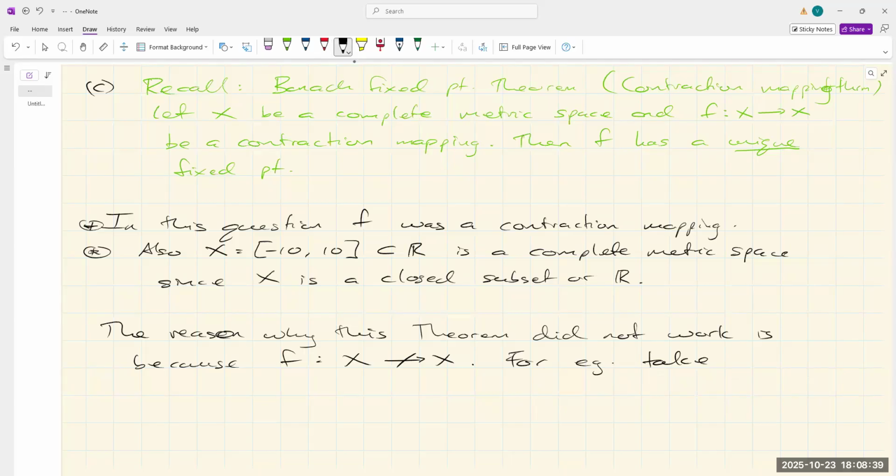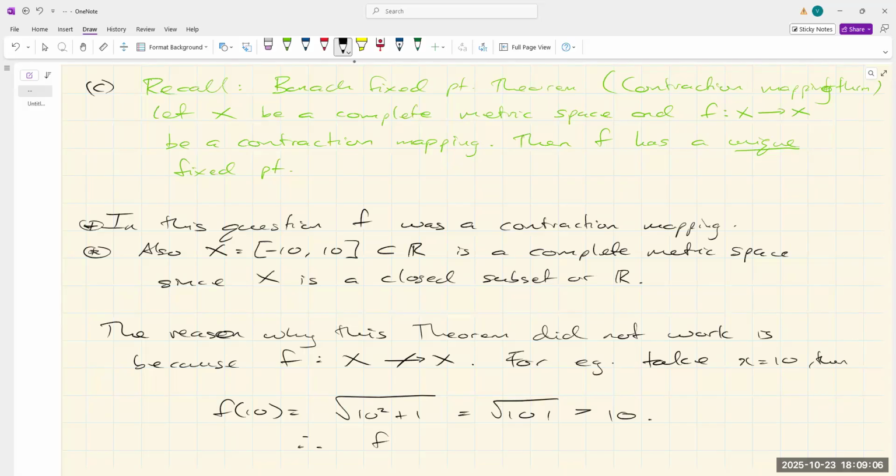I know F is increasing, so let me just take the endpoint. For example, take x equal 10. Then F of 10 is the square root of x squared plus 1, which is the square root of 101. So this is certainly bigger than 10.